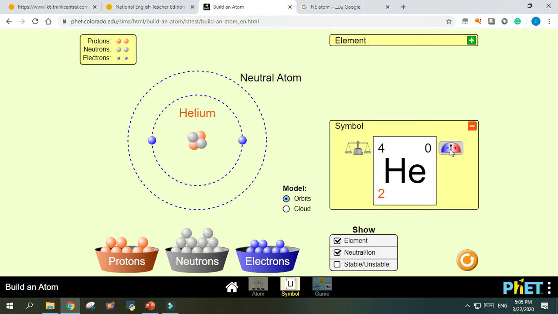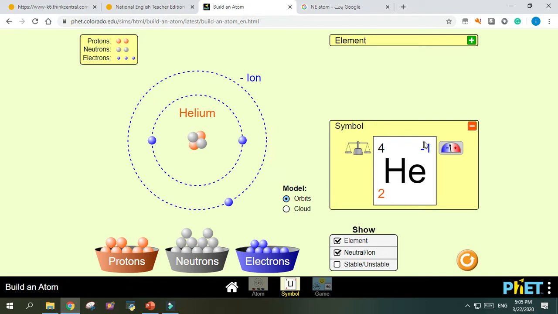If I look at the difference in the scale between positive and negative, I'll find it, yes, zero. I have two positive and two negative. Let's think about a simple idea here. What would happen if I add another electron? One more negative, what would happen? Let's see. Yeah, still have two protons here, but three electrons.